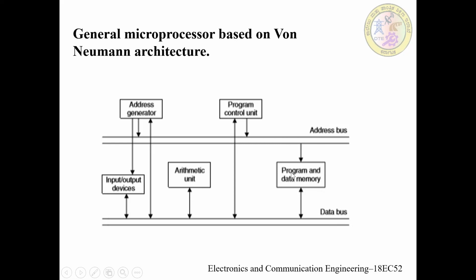The processor proceeds in a serial fashion here in terms of fetching as well as execution cycles. That means the central processing unit fetches the instruction from the memory and decodes it to figure out what operation has to be performed, and then it executes that particular instruction.